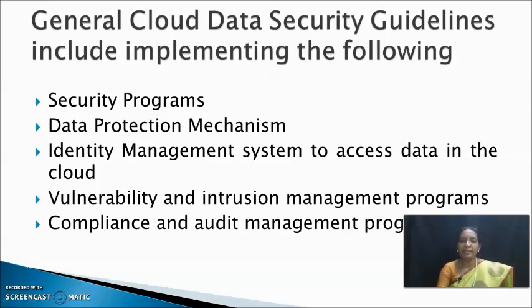Third one is identity management system to access data in the cloud. That is, unauthorized access can be prohibited using this. Fourth one is vulnerability and intrusion management programs should be included in the cloud. The last one is compliance and audit management program should be included to safeguard our data in the cloud.